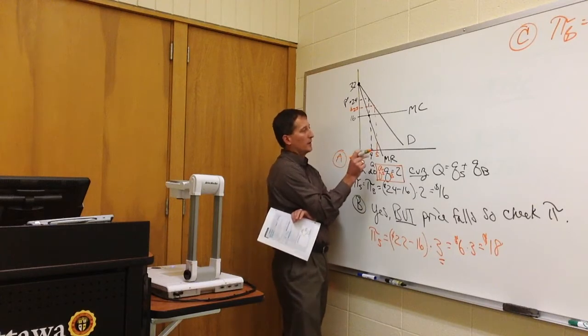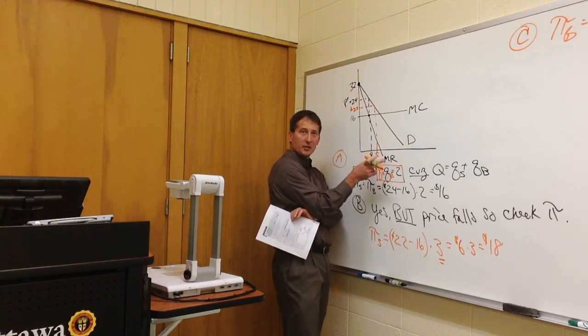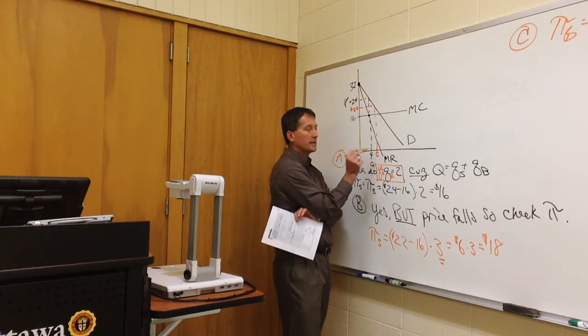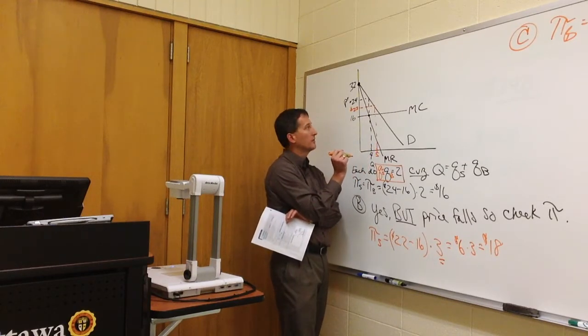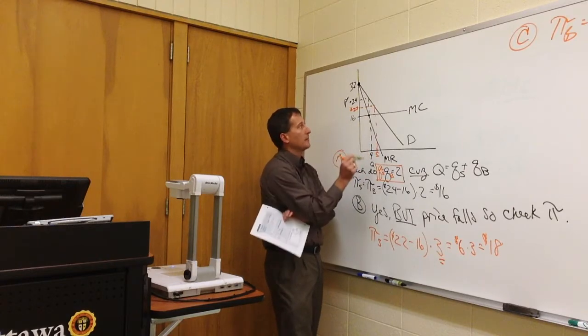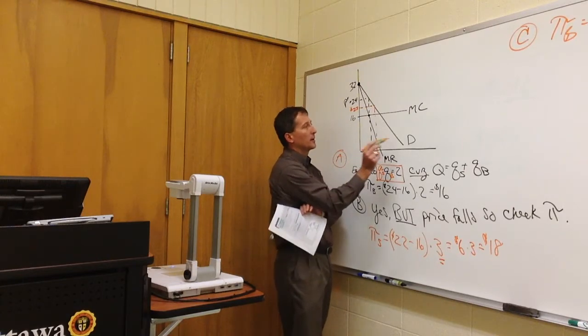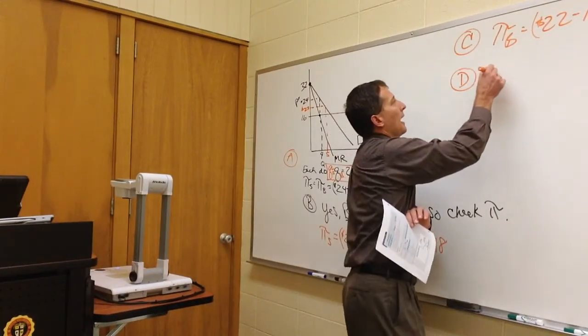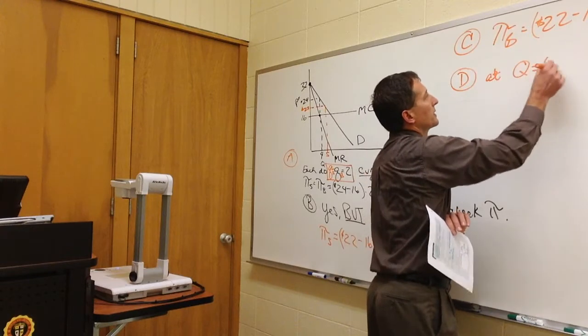So if each firm produces an extra unit, we have to recalculate the new market price with 6 units being produced. I don't have this drawn to scale very well. So we need to plug that back into the market demand. So D at big Q equal to 6.